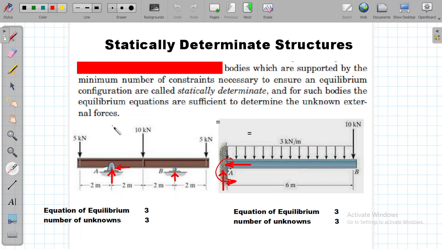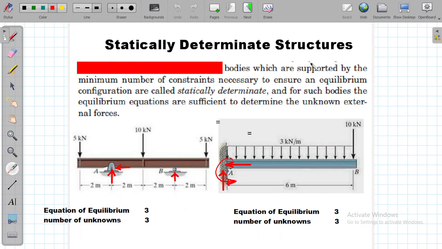So what does it mean? It means that in all statically determinate structures, the number of unknowns will always be equal to the number of equilibrium equations, which for a structure in two dimensions is a very precise definition.